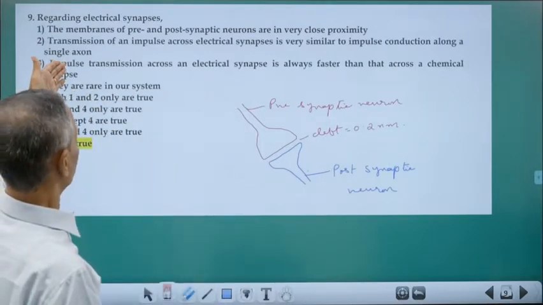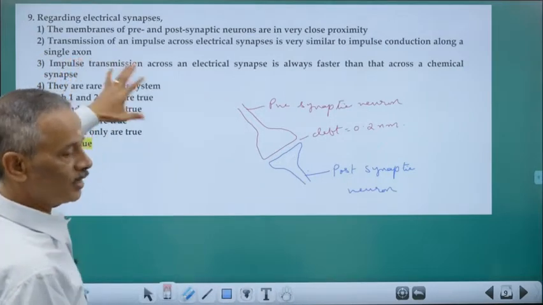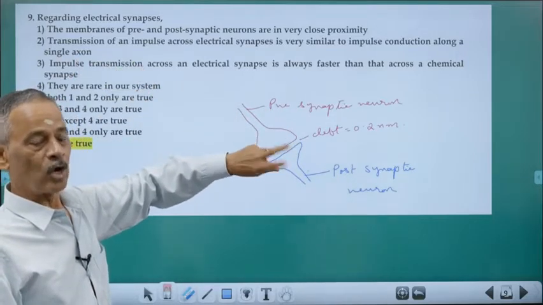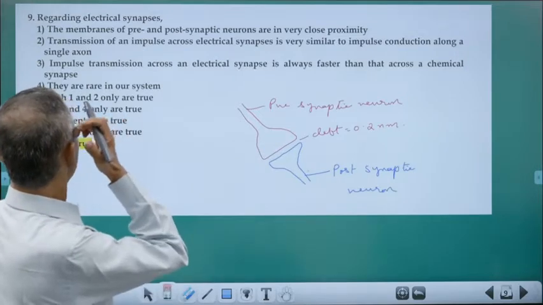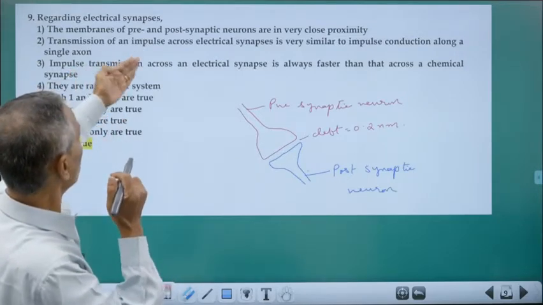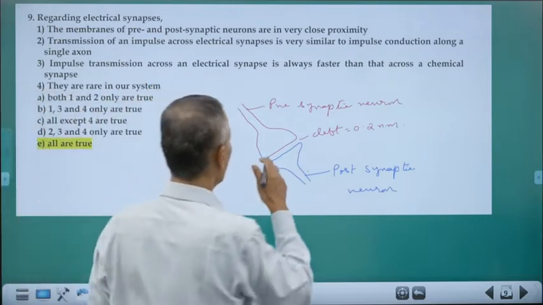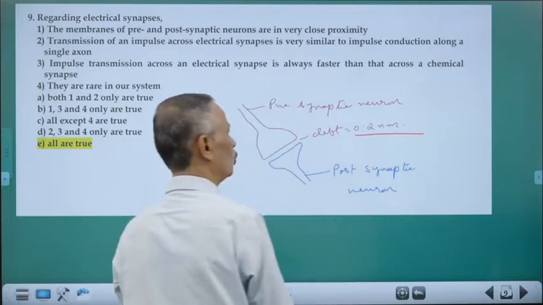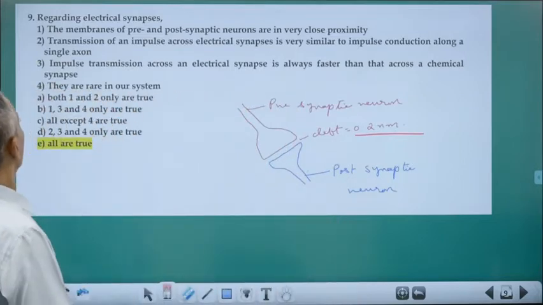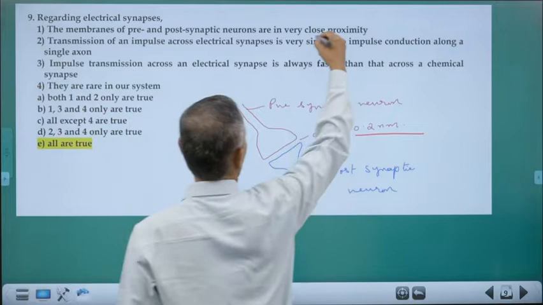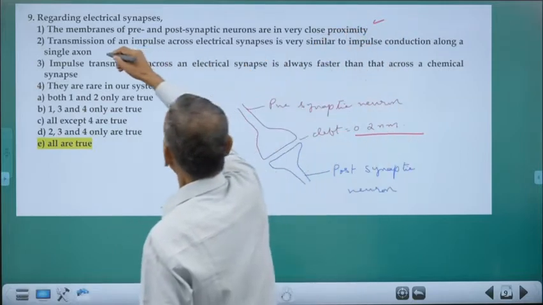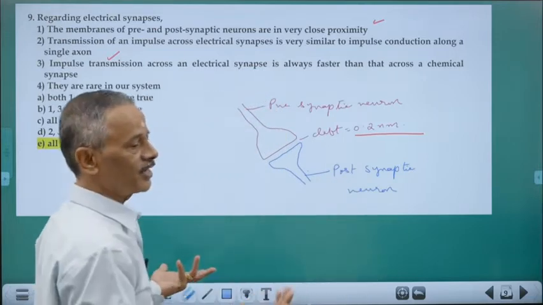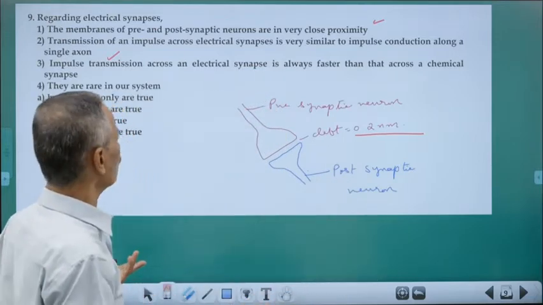Regarding electrical synapses: synapses are points of contact between a neuron and a muscle or between two neurons. Here it is electrical synapses. The membranes of the pre and post synaptic neurons are very close. The cleft is very small, 0.2 nanometer, correct. Transmission of an impulse across an electrical synapse is similar to impulse transmission along an axon, because there is no need of a chemical and no involvement of a neurotransmitter.